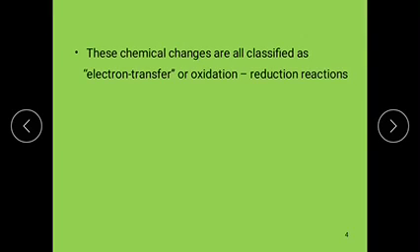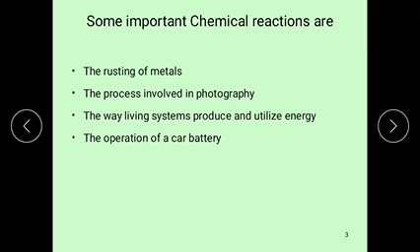Let us see the rusting of metals. It involves the oxidation process. The process involved in photography also involves oxidation.